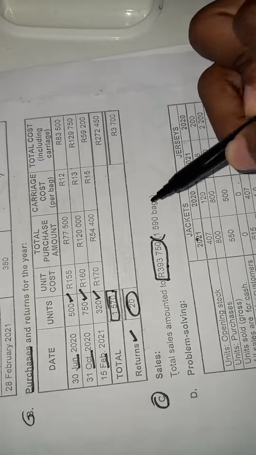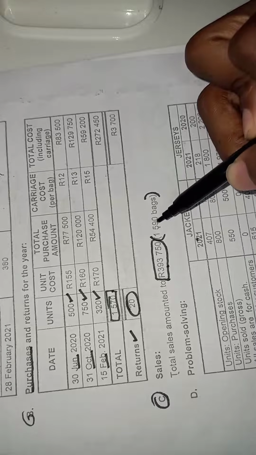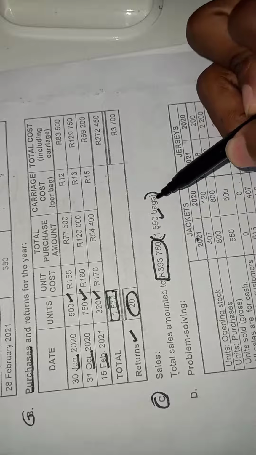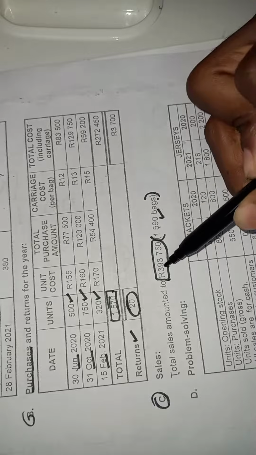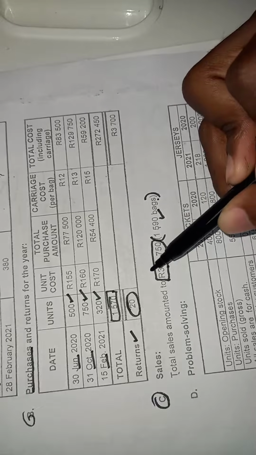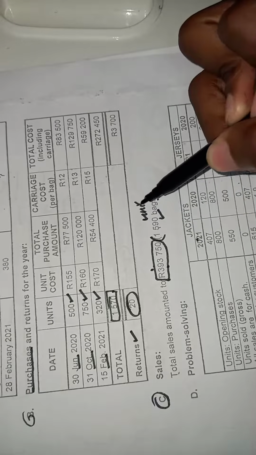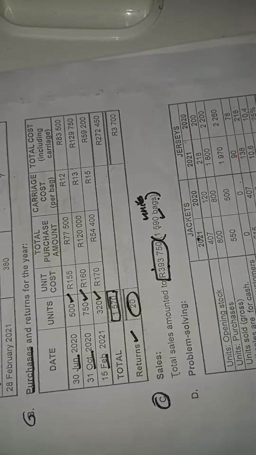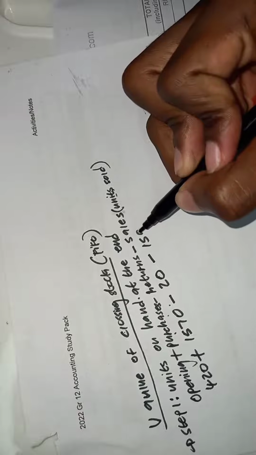They said, open brackets, 1,590 bags, which means we sold 1,590 bags. For how much? For 393,750. We don't want this rand value. We want the units. So we sold 1,590 bags. That's the units sold. Units sold, we're going to say minus 1,590. That's it.